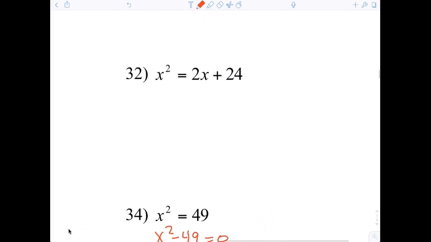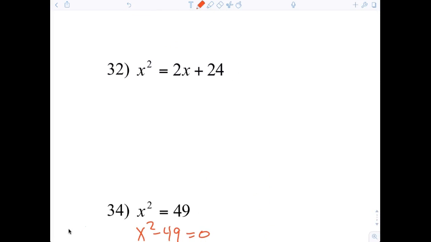All right. Okay, 32. All right, Virginia, what do I need to do on 32? That's right. So how do I do that? So it's going to be x squared what? And now remember, you're moving both of them, right?